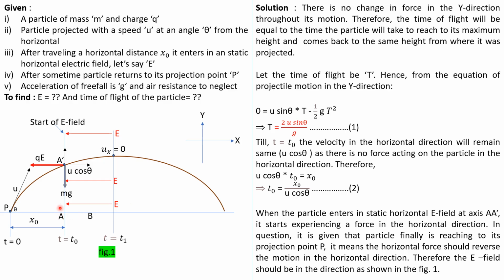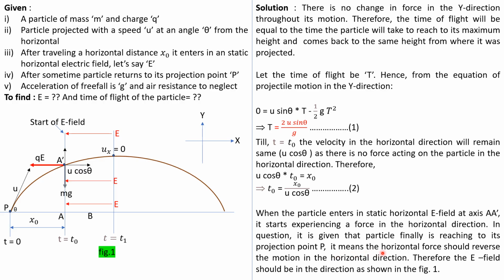After A, the particle enters the electric field region. So when the particle enters the static horizontal E field at A prime, it starts experiencing a force in the horizontal direction. In the question, it is given that the particle finally reaches its projection point P. What does it mean?